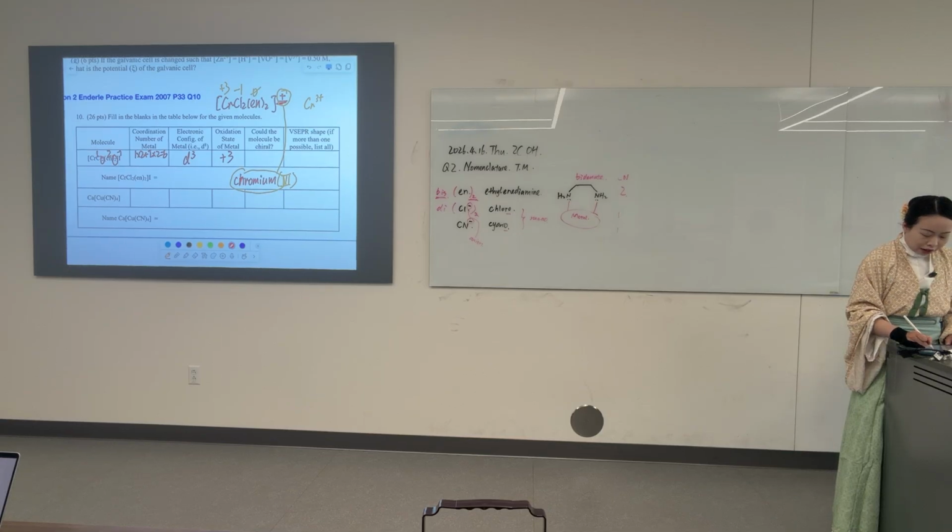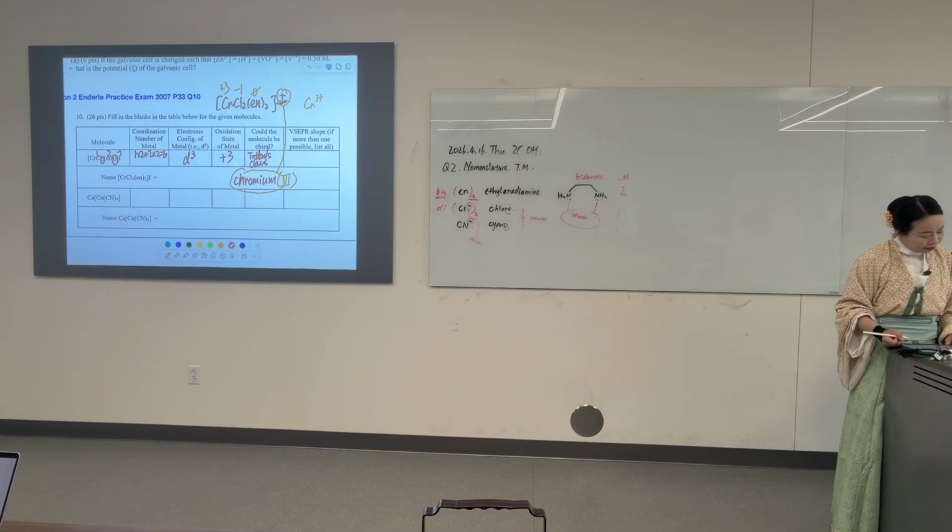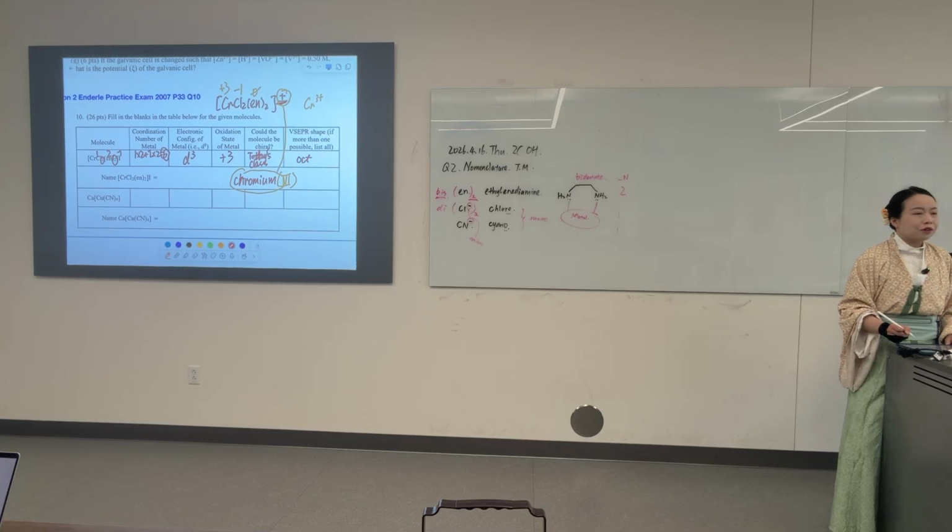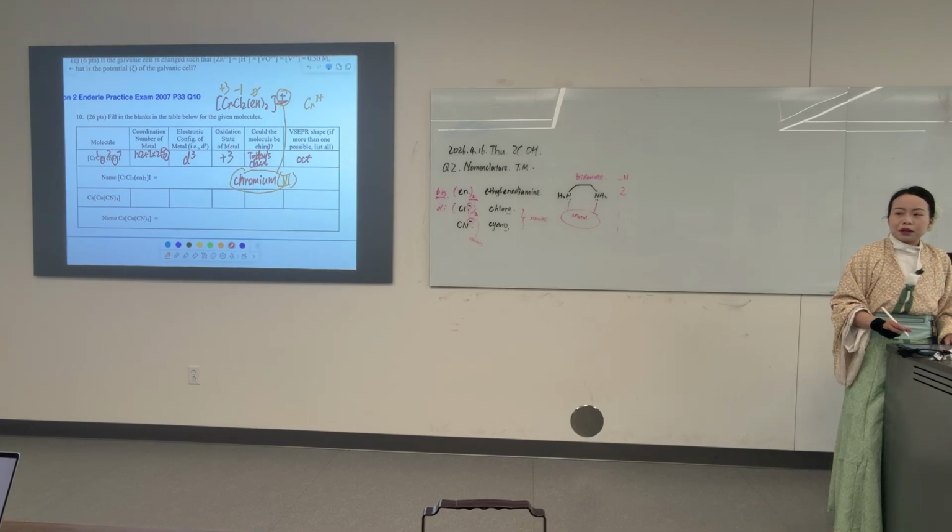This one, today's class. You might be able to do the VSEPR because there are 6, right? The only possibility in this case will be octahedral, which is already the demo I showed in Tuesday's class, but you will have a good understanding of this after today's class.